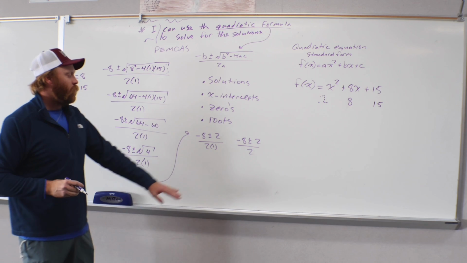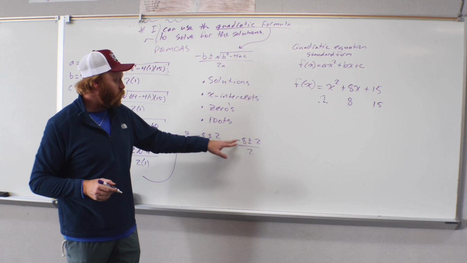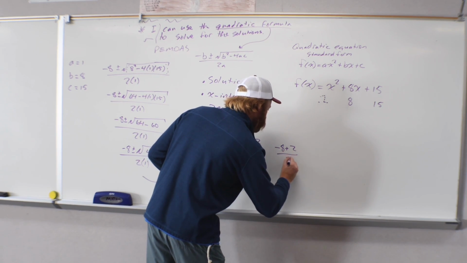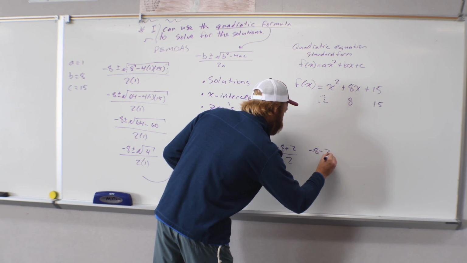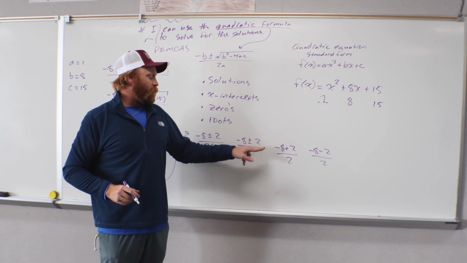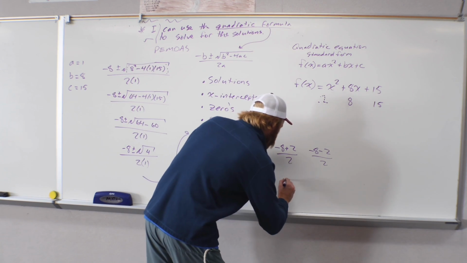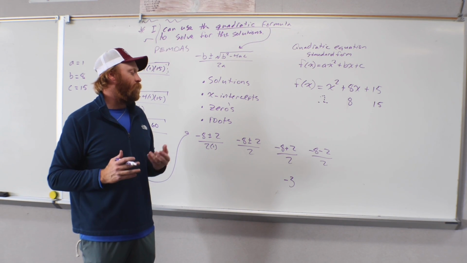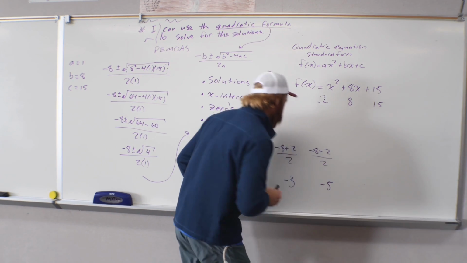Once we're here, you want to break it up into two separate problems. One solution is negative 8 plus 2 divided by 2, and the other is negative 8 minus 2 over 2. Negative 8 plus 2 is negative 6, and negative 6 divided by 2 is negative 3. Negative 8 minus 2 is negative 10, and negative 10 divided by 2 is negative 5.